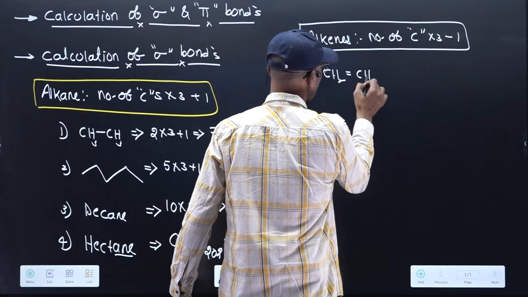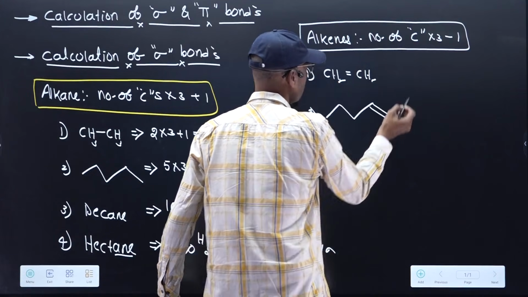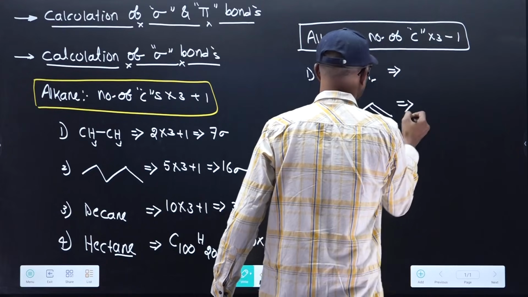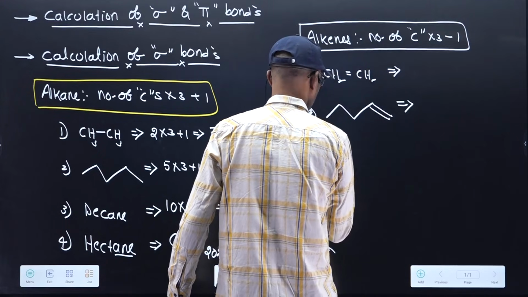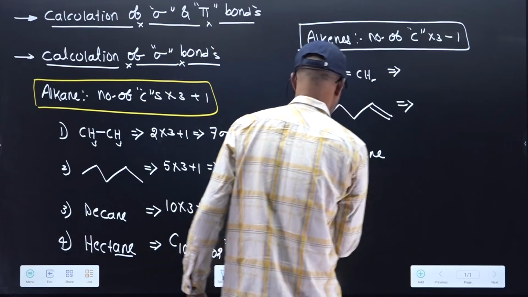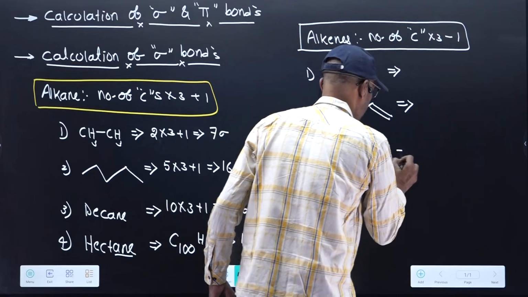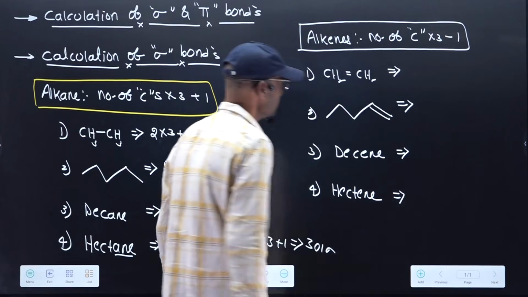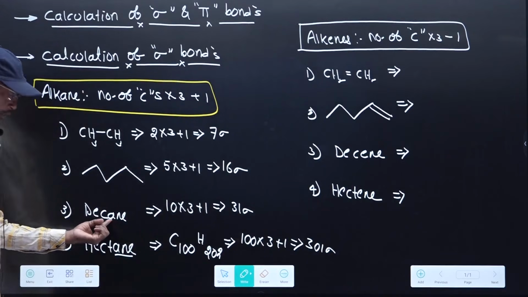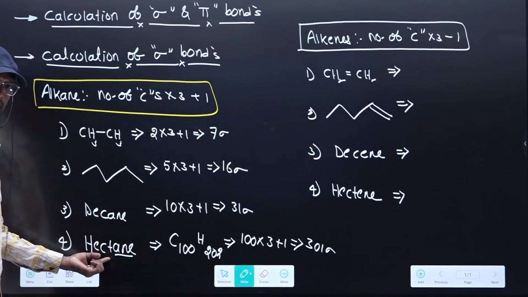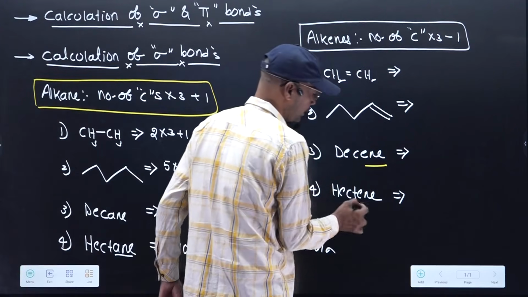Here there is a carbon-carbon double bond. Hectane. Will you calculate the answer? See, same. Decane, hectane. Now what did I give? Decene, hectene.